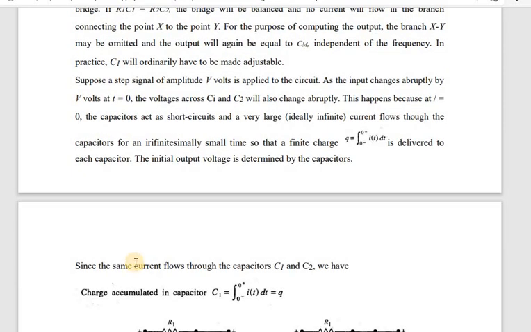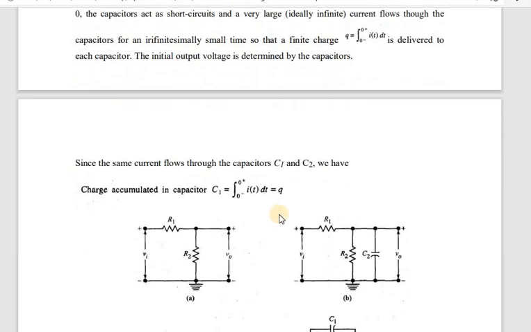Since the same current flows through both capacitors, the charge on each capacitor can be found using the integral from 0 minus to 0 plus of i(t) dt, and that is nothing but the finite charge which has been produced.